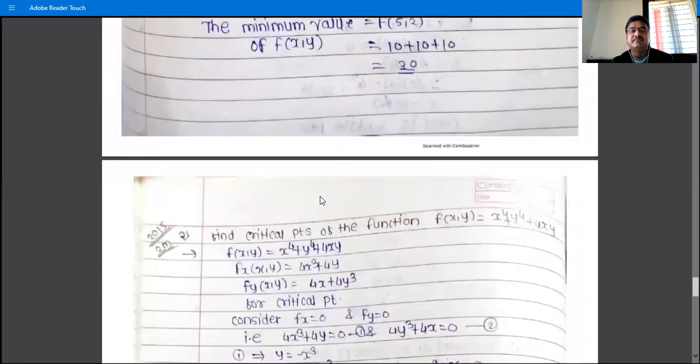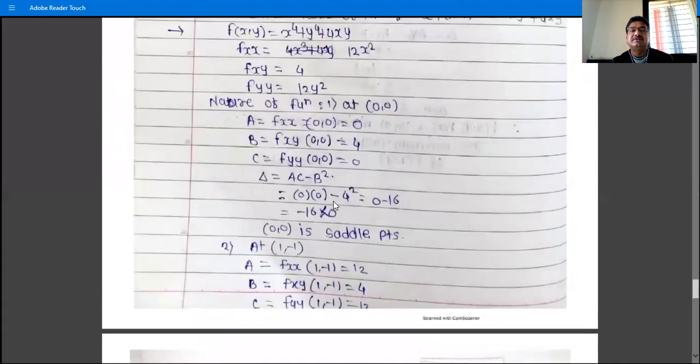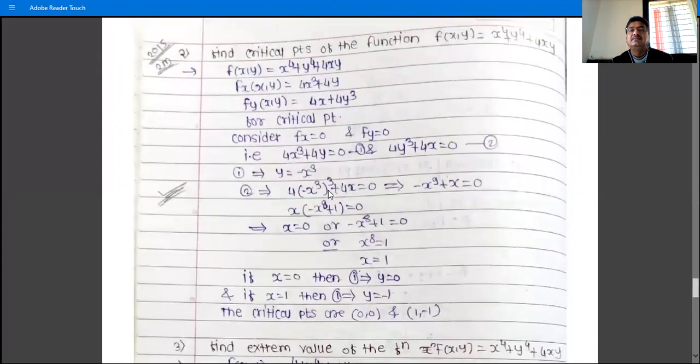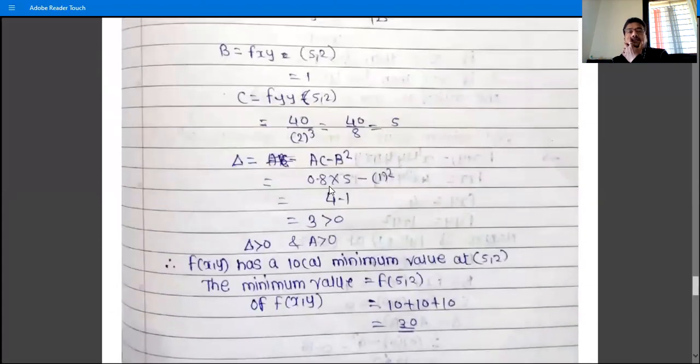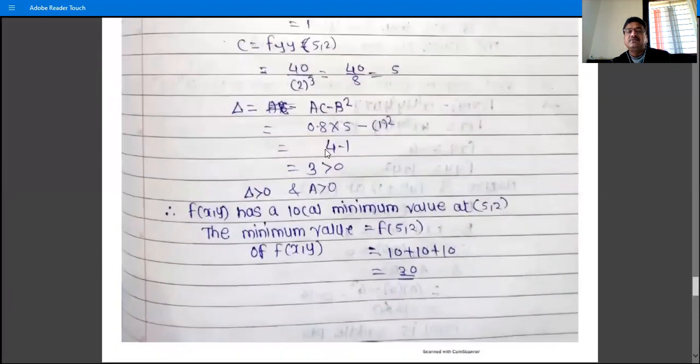Substitute y as 2, so 40 by 2 cube, that is 40 by 8, which is 5. And then delta is AC minus B square. A is 0.8, C is 5, minus 1 square, B is 1. So 4 minus 1, that is 3, which is greater than 0.